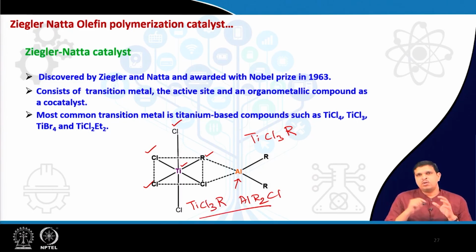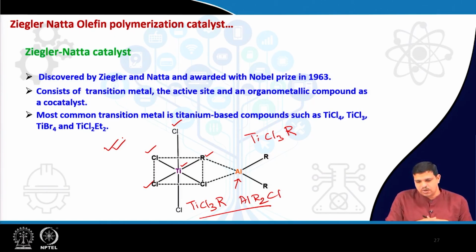Most of the active sites, the catalyst and co-catalyst sites, if you see the discrete structure, look like that one. In the later part we will discuss that this is what we are drawing on paper. It is not simple. It is a very complicated structure. It is a three-dimensional structure, and it is not a discrete molecule as you see on pen and paper.